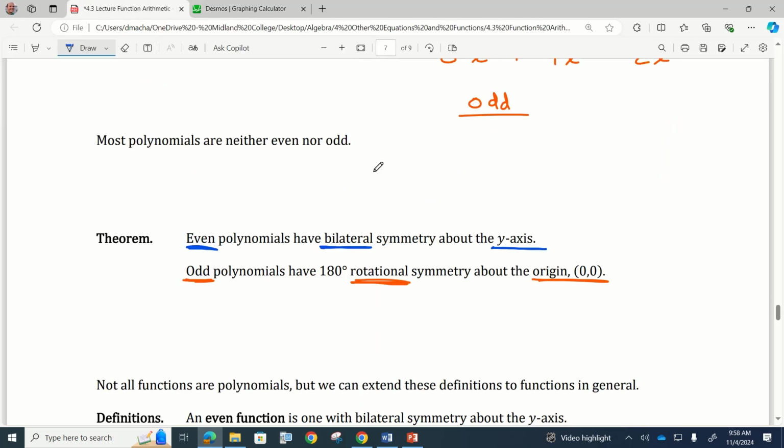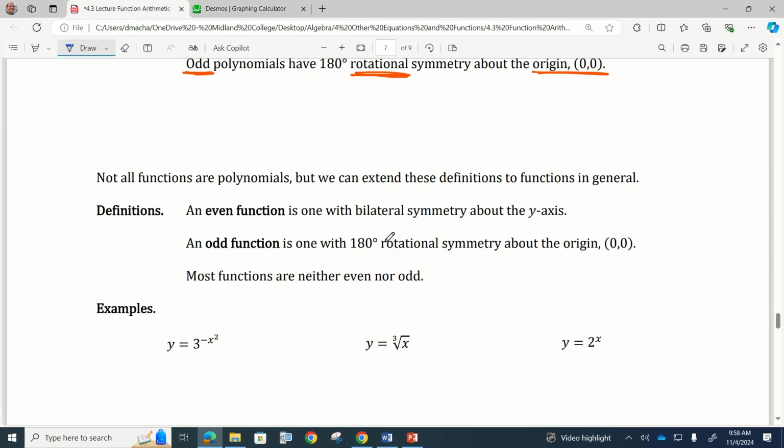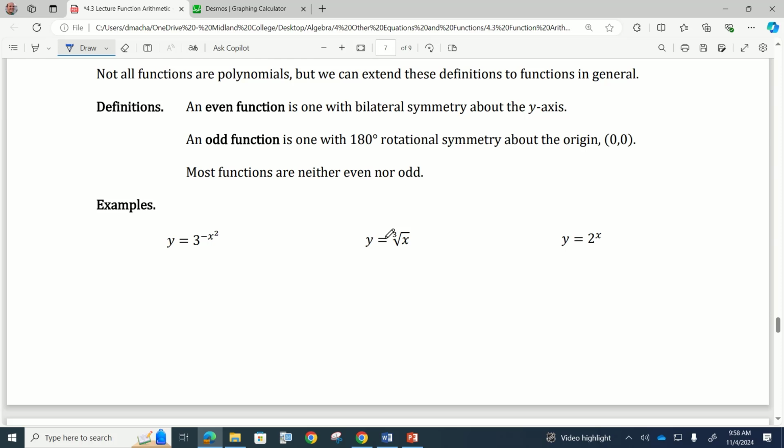So that's how it works for polynomials, if they have all even or all odd powers. We can extend this idea to functions now, since some functions aren't polynomials. There are 3 functions right there that aren't polynomials. But we say an even function is any function that has bilateral symmetry across the y-axis, just like the even polynomials do.